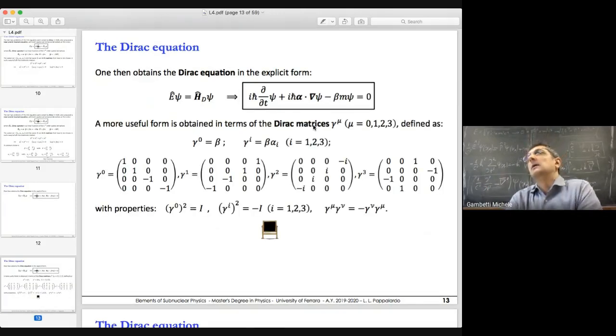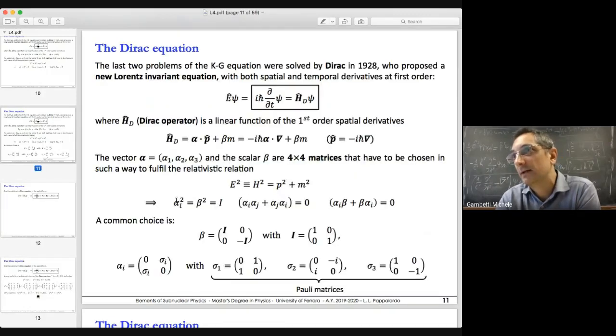There is another way to express the Dirac equation, and this is through the so-called Dirac matrices, gamma mu, where mu again is the Lorentz index that runs from 0 to 3. These Dirac matrices have to fulfill again some constraints, which derive from these constraints here essentially.